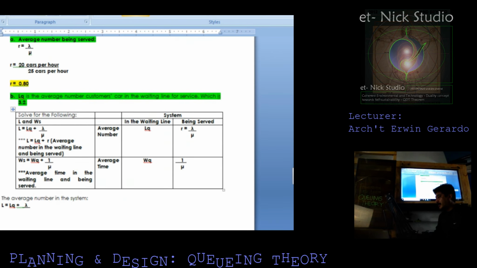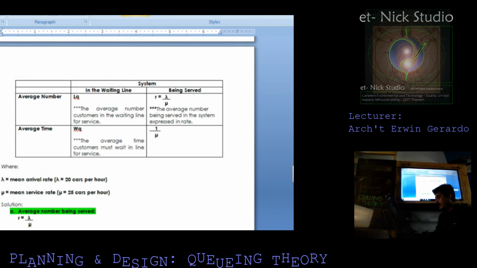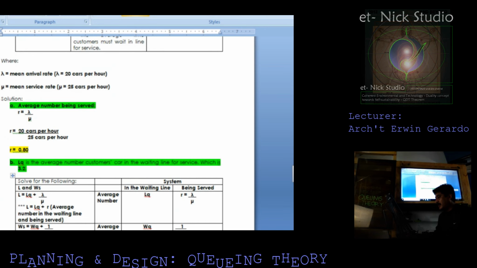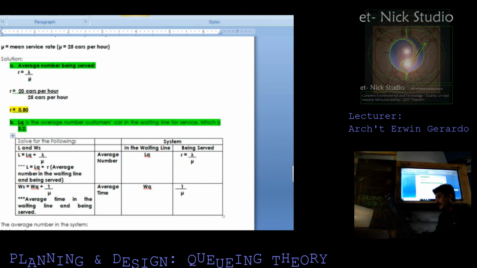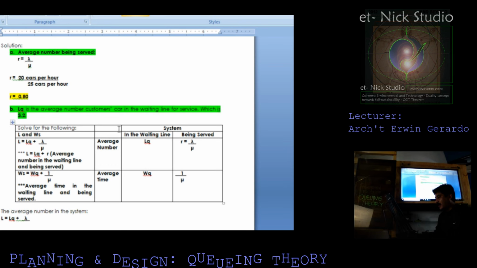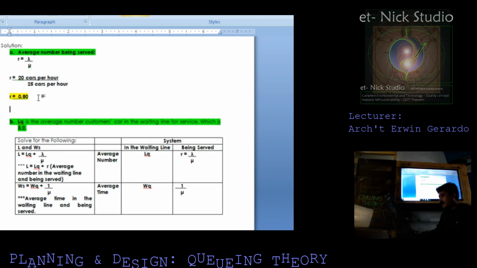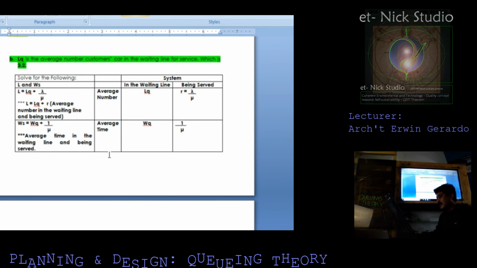Then we were able to devise this system in the waiting line and being served, as compared to this table a while ago. So now I have reintegrated here a more precise table, so we would understand further how we were able to solve the following required problem.